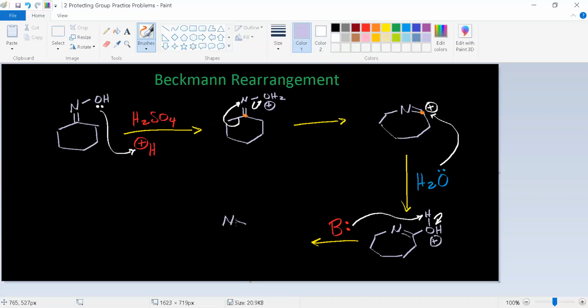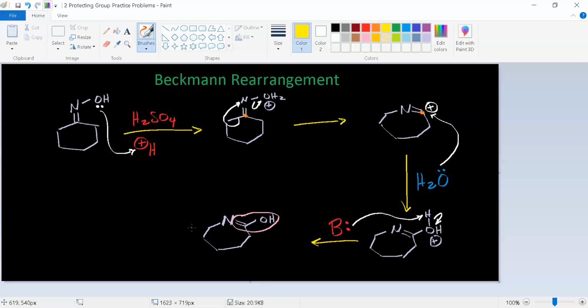So again, what we have now is still that 7-member ring. It looks just like that. We can recognize that this group right here is just like an enol to us, so we're going to treat it just like it was an enol. We know that we are in an acidic environment because we have some sulfuric acid floating around.